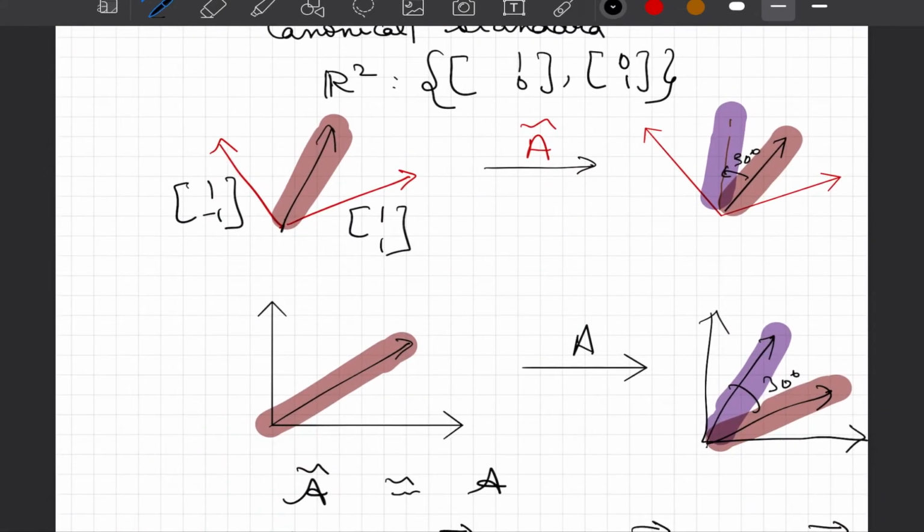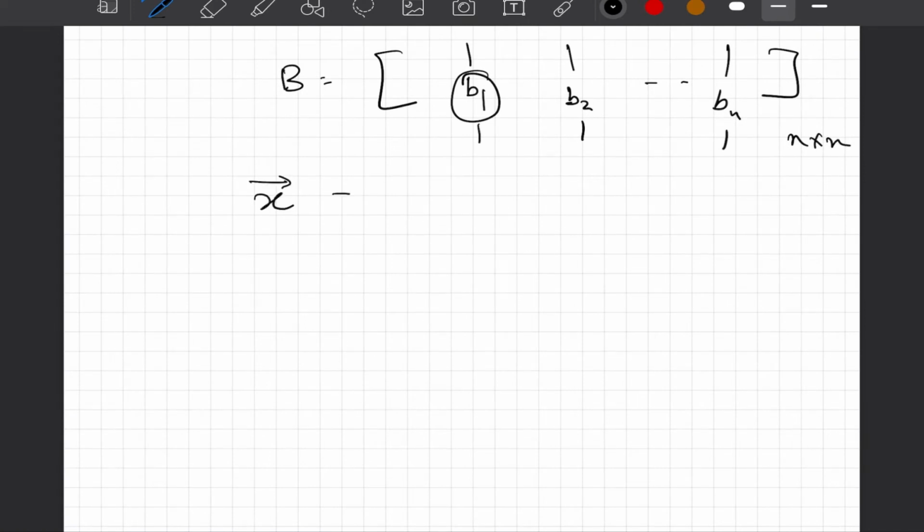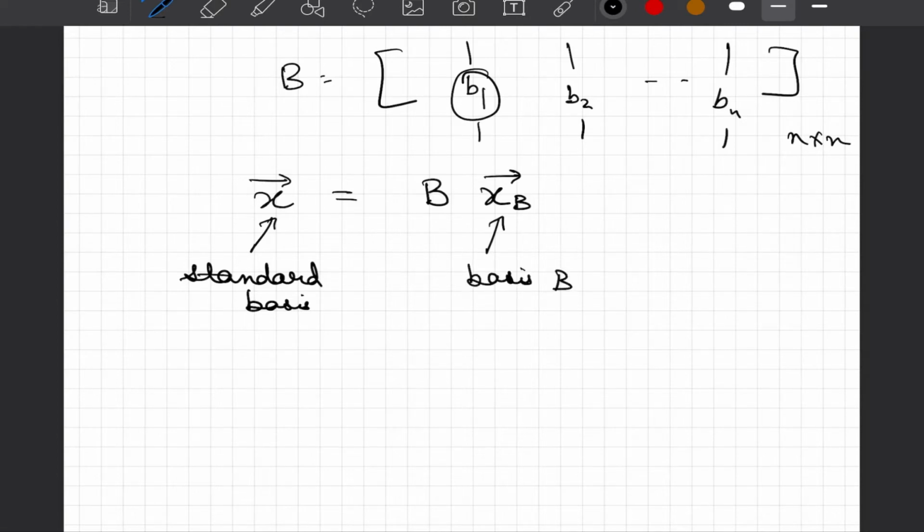So we can write the previous equation in compact form: the vector x can be written as B times xB, where xB is the representation of vector x in basis B. Whenever nothing is mentioned in the subscript, it always means the standard basis.